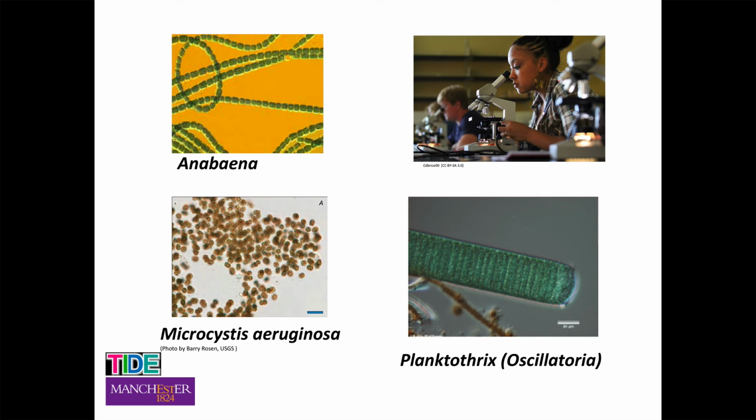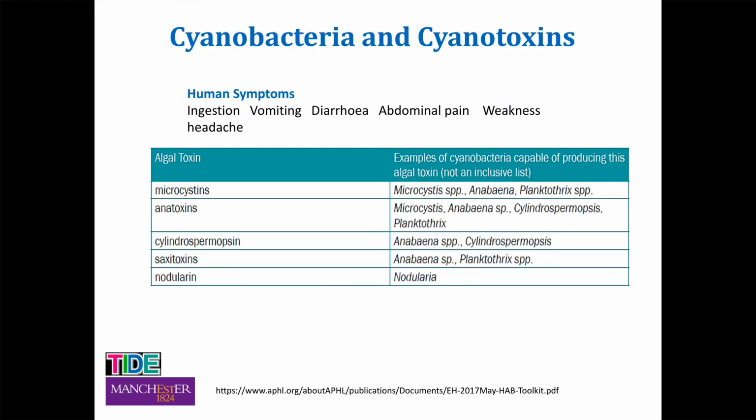You don't know that maybe later on in the year, or when there's a sudden influx of nutrients from a fertilizer, these cyanobacteria suddenly multiply rapidly, produce cyanotoxins, and give you a real problem in your lake. They can cause lots of human symptoms: indigestion, vomiting, diarrhea, abdominal pain, headaches.